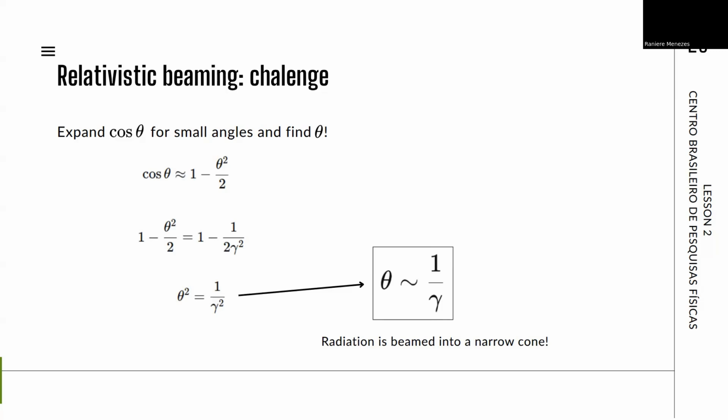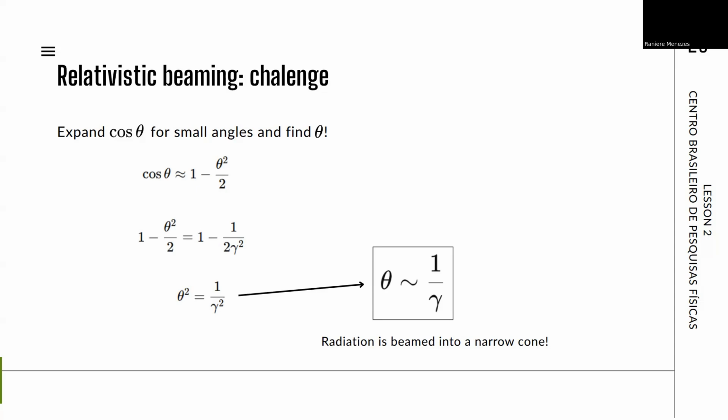But we have, from the previous slide, found that cosine theta was equal to 1 minus 1 over 2 gamma squared. However, for small angles, we can also expand the cosine. So if we expand this in Taylor, you get this expression, ignoring the rest.